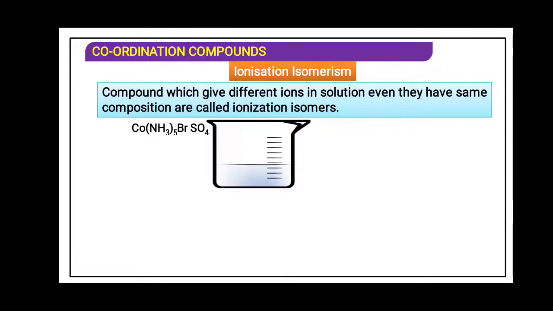This is actually pentaamminebromocobalt(III) sulfate. When you add it, what will happen? Sulfate is the counter ion and bromine is a ligand. So when the ligand is exchanged with the counter ion, it is said to be ionization isomerism.